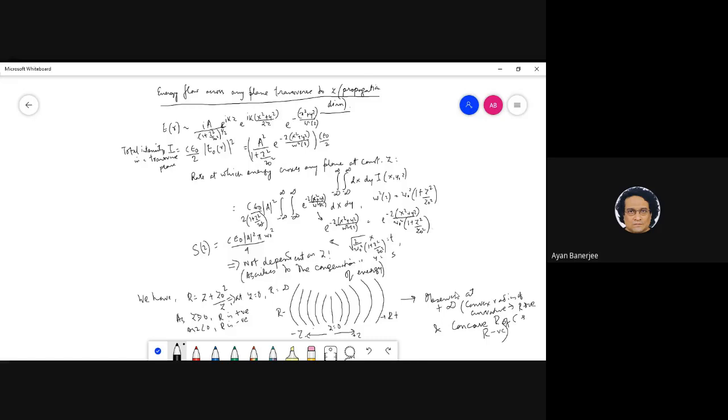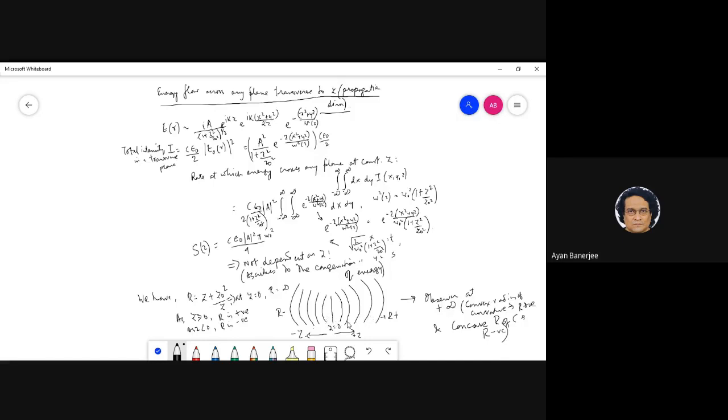So for the Q, it is basically just Q0 plus Z, so it's not a problem sign wise. But R is very crucial, right? Because it's a radius of curvature, and we know that in optics, at least for the mirrors, it was very crucial to define the radius of curvature for concave and convex mirrors. Similarly, it is also important to define the radius of curvature for the Gaussian beam itself.